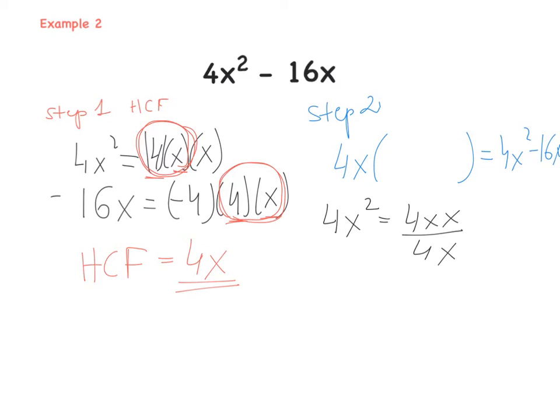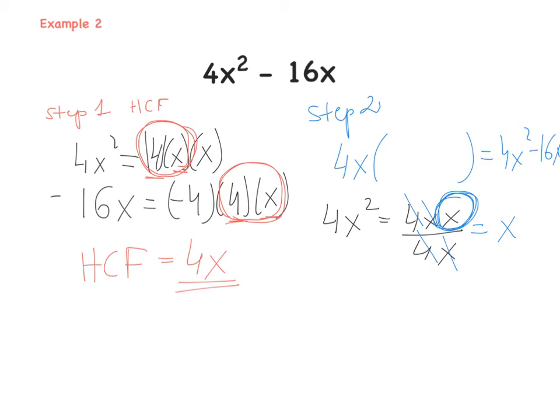We divide this by this to get this. 4 divided by 4 is gone, and what's left behind is just x.